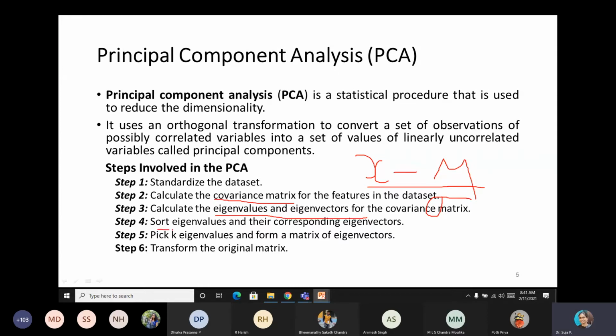Then we have to sort the eigenvalues and their corresponding eigenvectors, and pick k eigenvalues. That means how many features we want, so those many eigenvalues we have to pick, and then transform the original data using the picked eigenvectors. Through several examples we will walk through these steps one by one. That will be clear to you as we go through the examples.